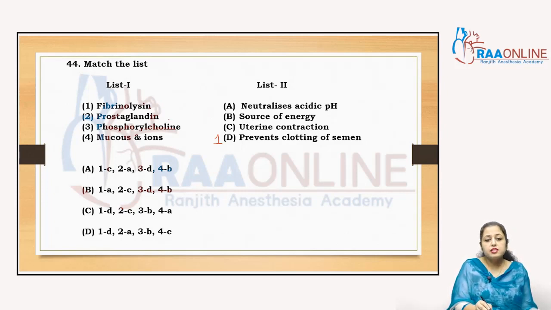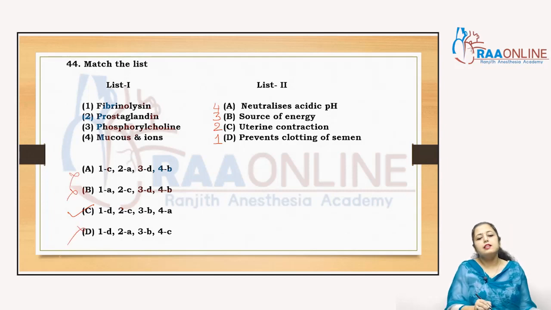So prostaglandin is the long chain unsaturated fatty acid which is present in the seminal vesicle secretion, right? So it is related with the uterine contraction, that is 2C. Phosphorylcholine is related with the source of energy, right? And the mucus and ions neutralize the acidic pH. So answer is C, right?